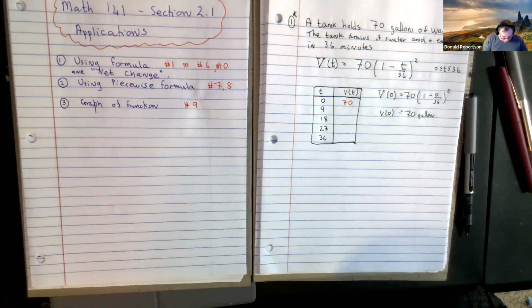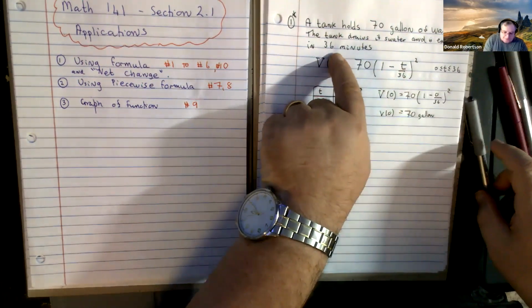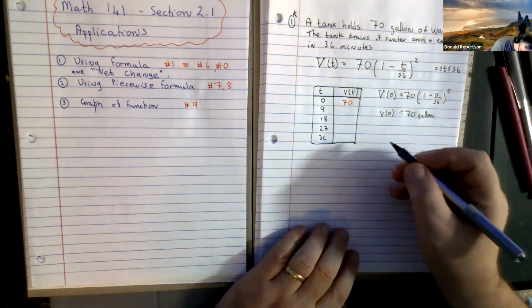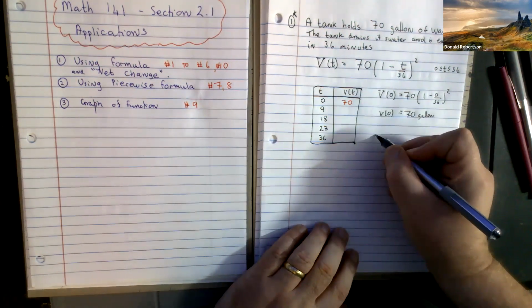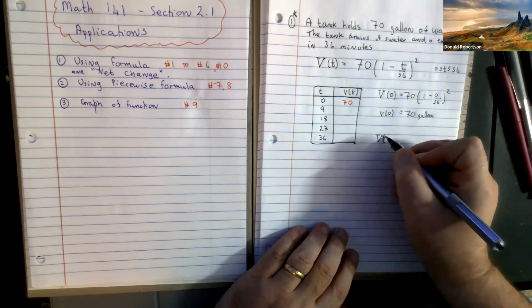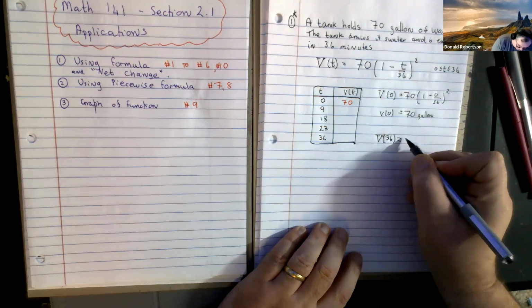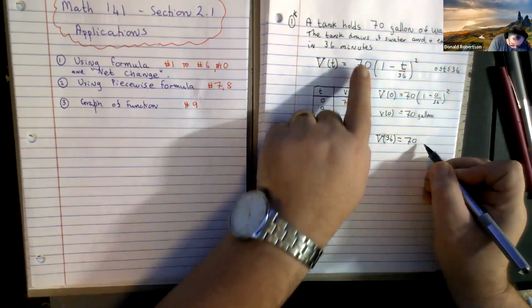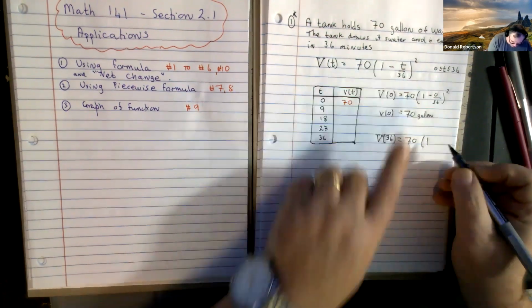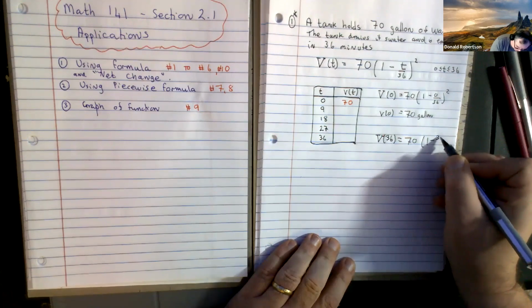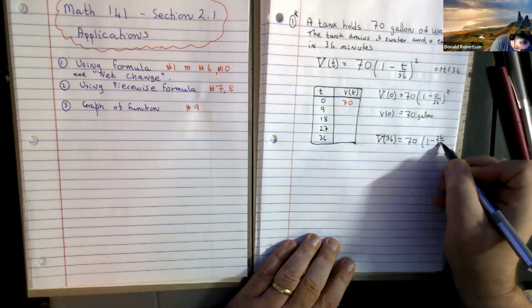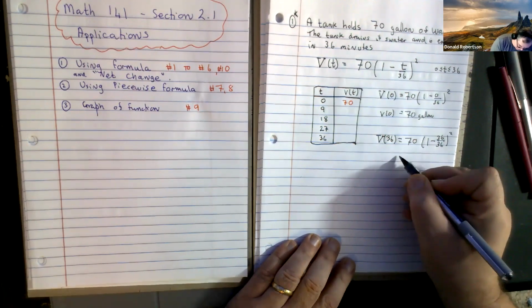So, now according to the story, it's empty by 36 minutes. So, the volume when 36 minutes have gone by is 70 times (1 take away the time divided by 36) squared.